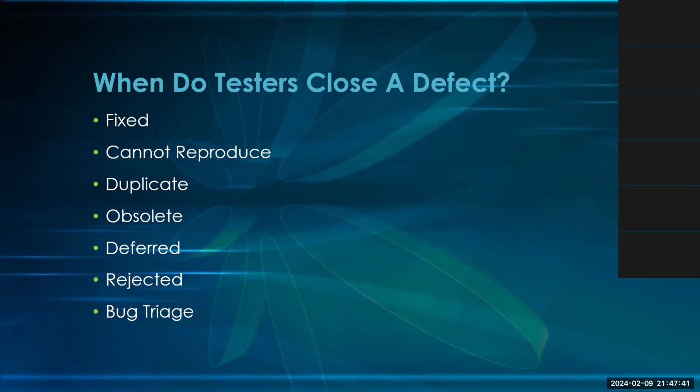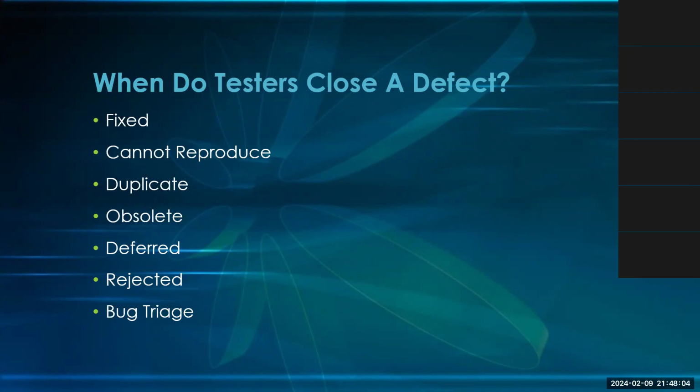It's called triage because it involves the development team. You come together and have a meeting, and you talk about all the defects, maybe more than three, four, five defects.